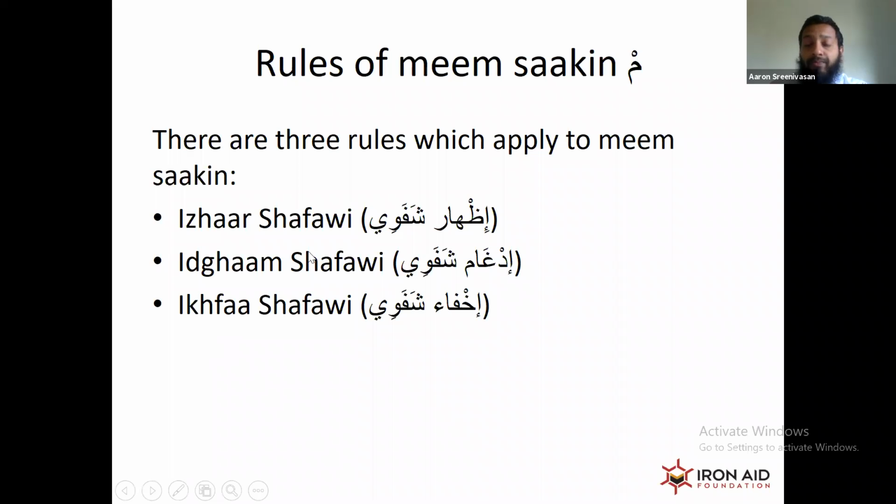So shafawi is referring to the lips, because this is where the letter meem comes from. That is why we have idhar shafawi, idgham shafawi, and ikhfa shafawi. In all three of these rules, you're utilizing your lips.